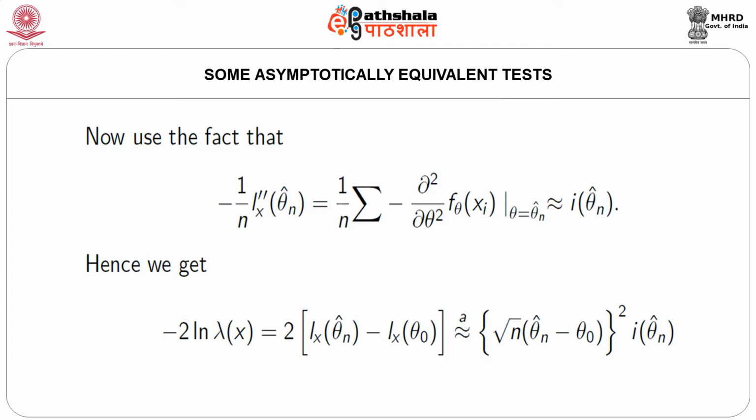Hence we get minus twice log of lambda(x), which is equal to twice (small l_x(theta_n hat) minus small l_x(theta naught)), is asymptotically equivalent to root n times (theta_n hat minus theta naught) whole square times I at theta_n hat.